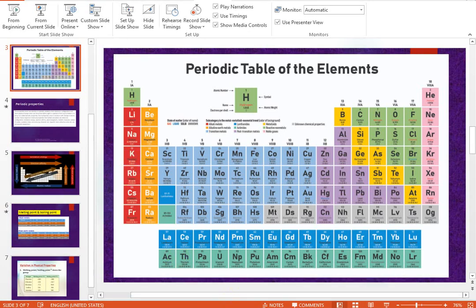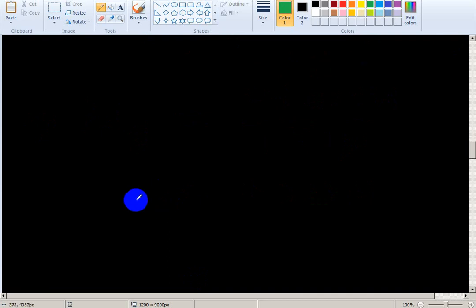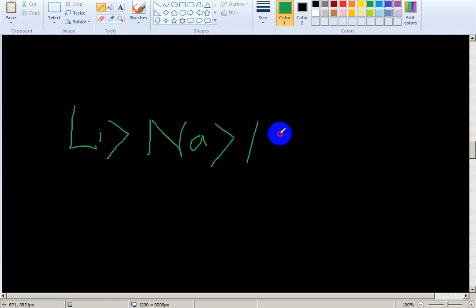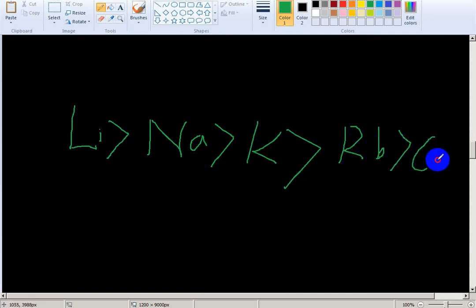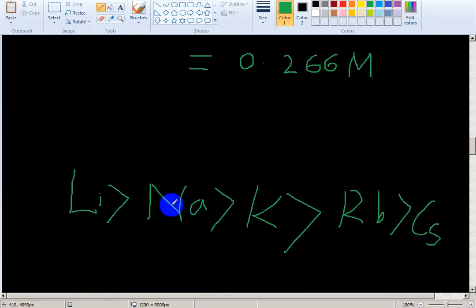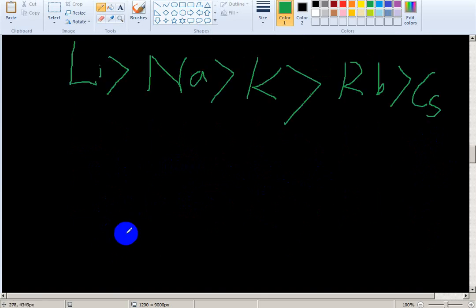This is the boiling point and melting point range in group 1: lithium, sodium, potassium, rubidium, cesium. So the highest melting point is lithium. Lithium has a higher melting point than sodium, and sodium higher than potassium.